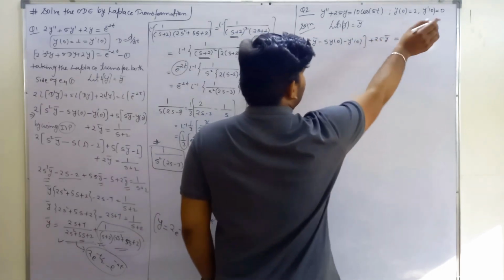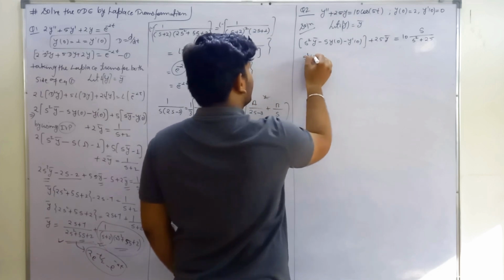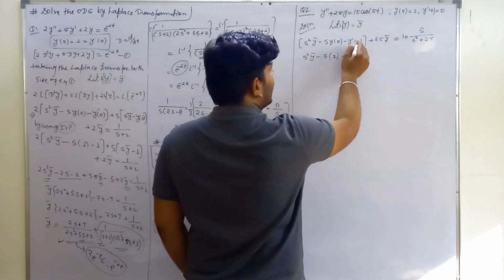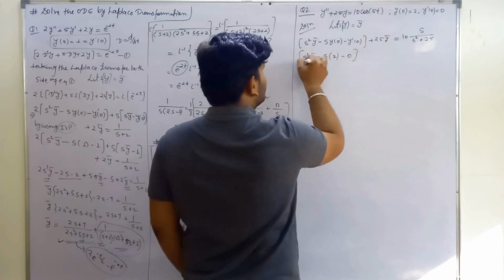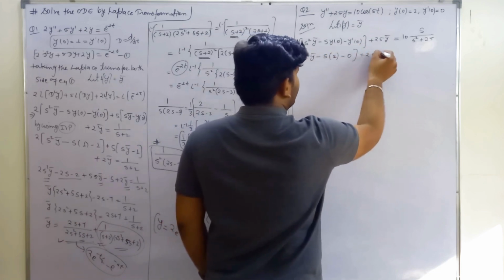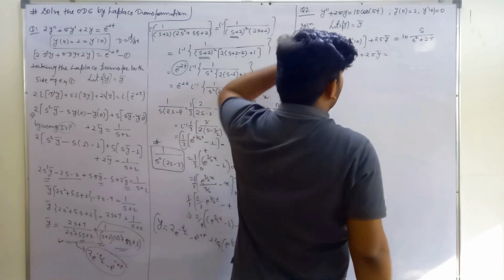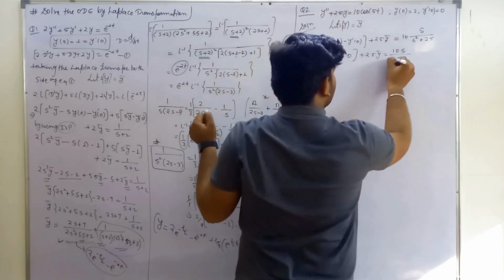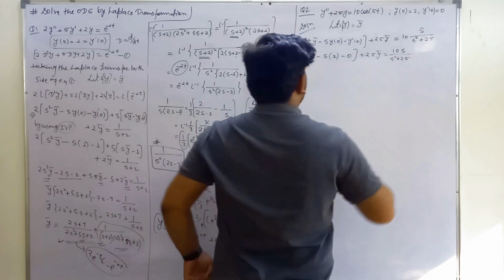Now we have the IVP: s² y bar - s times this value, which is 2, and this value is 0. Okay, no problem, plus 25 y bar is equal to 10s upon s² + 25.